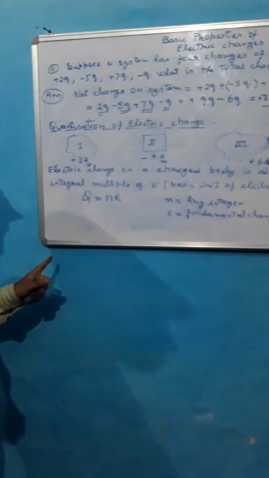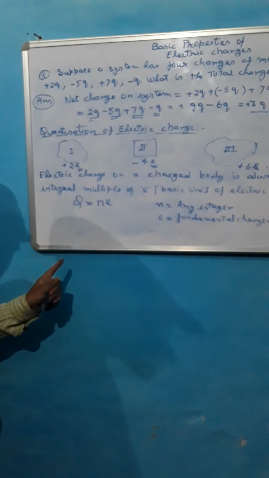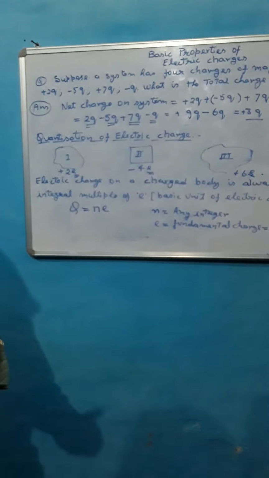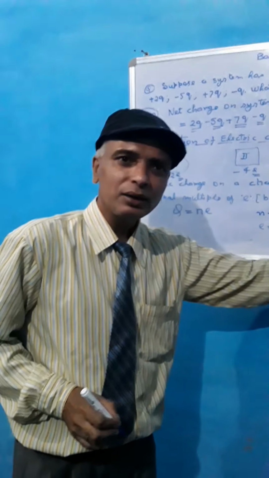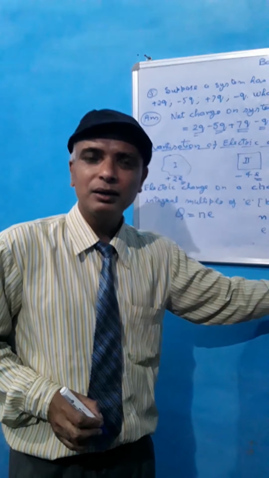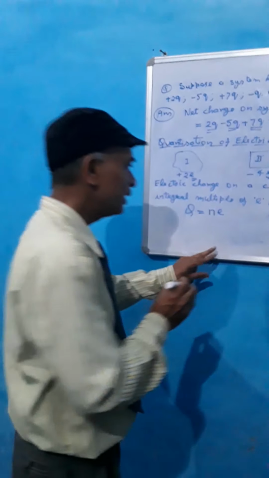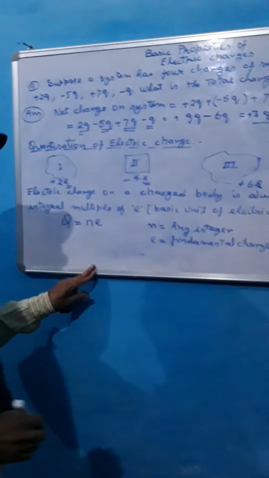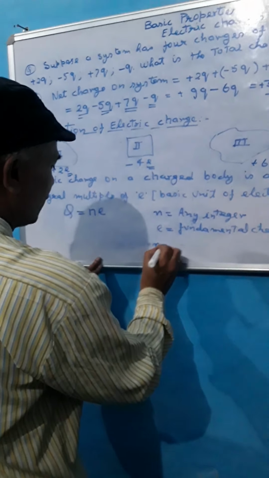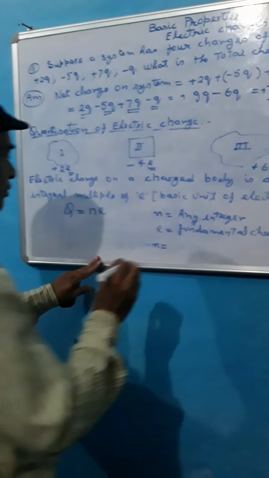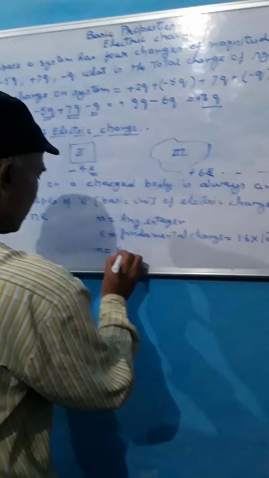And we have already discussed bodies are charged by the transference of electrons. So e, you can say here, is the magnitude of electric charge on an electron. And what is n here? n is any integer. Actually this is an integer, and this means n is the number of free electrons also.